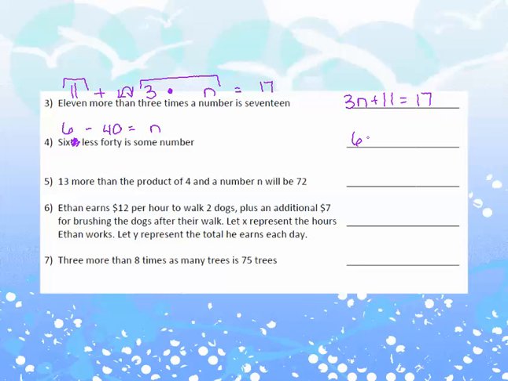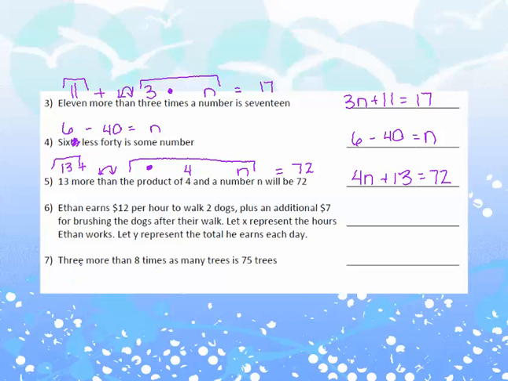So 6 minus 40 is a number. 13 more than the product of 4 and a number n will be 72. Alright, we have to rearrange this, but that's all one term, and this is a term, so those get flip-flopped, so 4n plus 13 equals 72 is how it should be written.